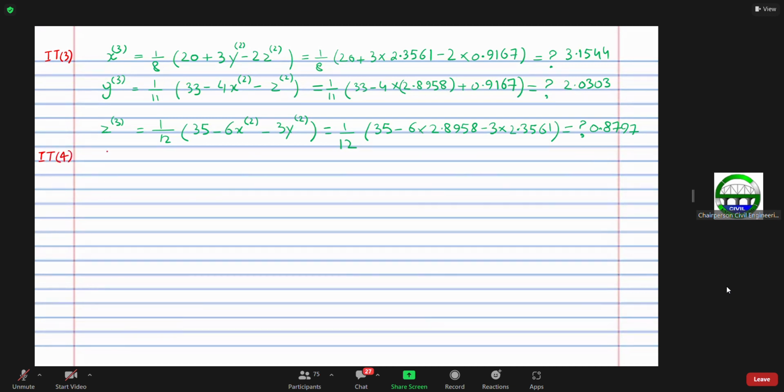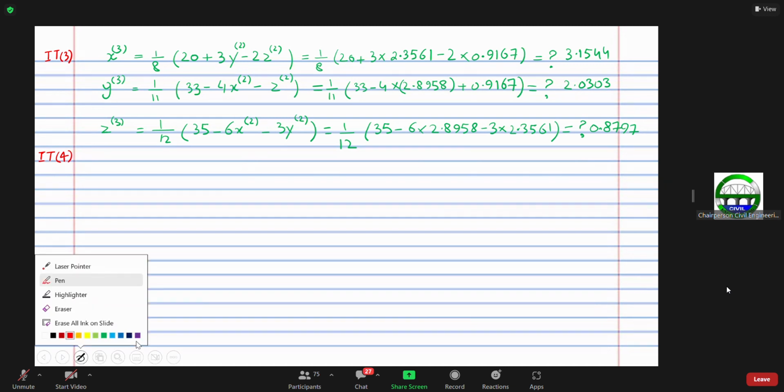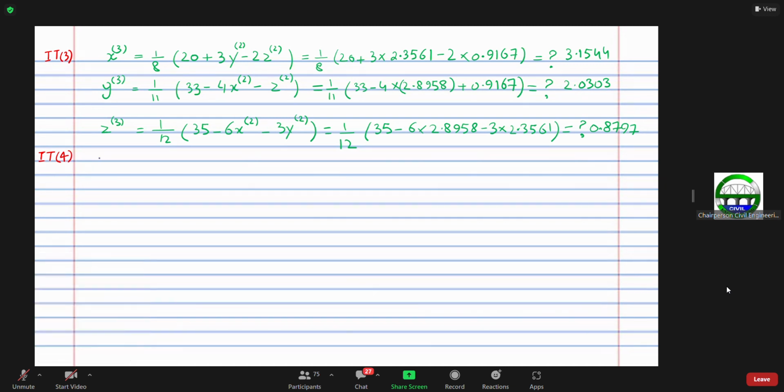In iteration number 4, I would say x iteration 4 is equals to 1 by 8, 20 plus 3y iteration in the third minus 2z iteration in the third.